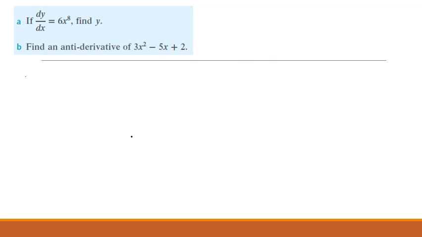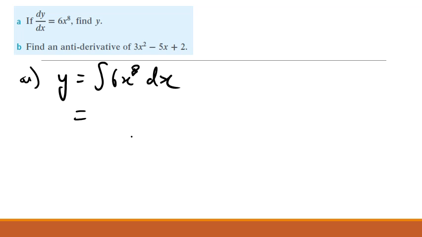Alright, so A, if dy/dx is equal to 6 times x to the power of 8, find y. So, y is the same as the integral of 6 times x to the power of 8, dx, because we're integrating with respect to x. If we add 1 to the power, what do we get? 9, so there should be a 9 down there.